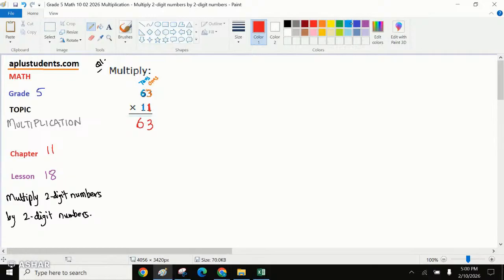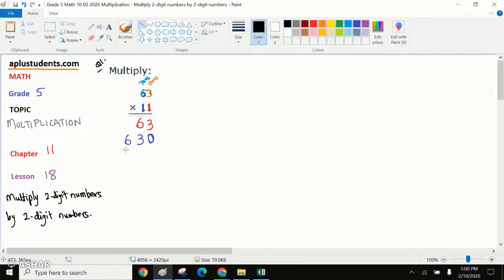Agreed? Now, what we need to do is multiply the tens. Since we are multiplying by a tens, we need to write in the position of tens, whereas a 0 comes in the position of ones because we are multiplying by tens. 1 multiplied by 3 is 3. 1 multiplied by 6 is 6.